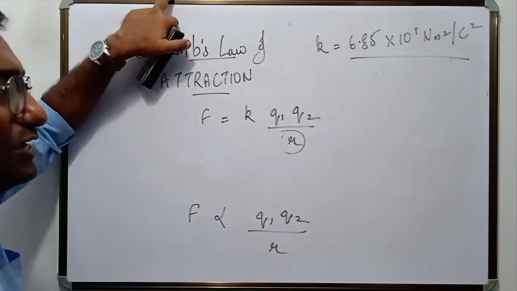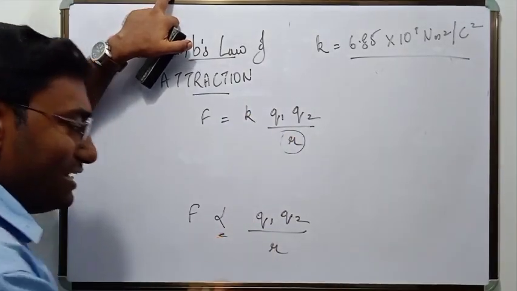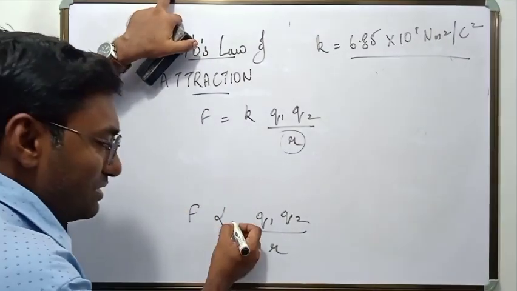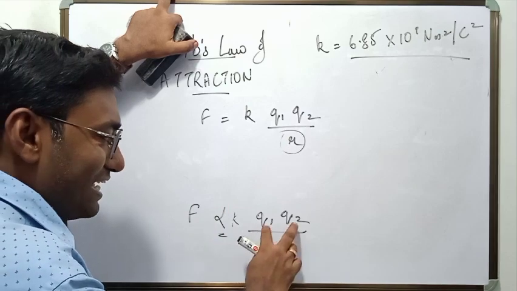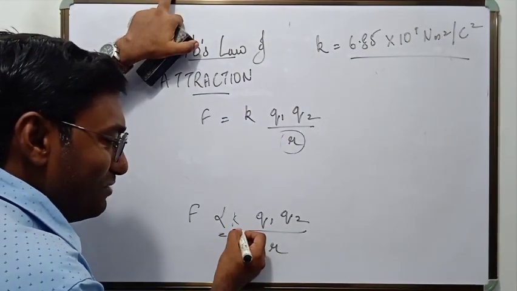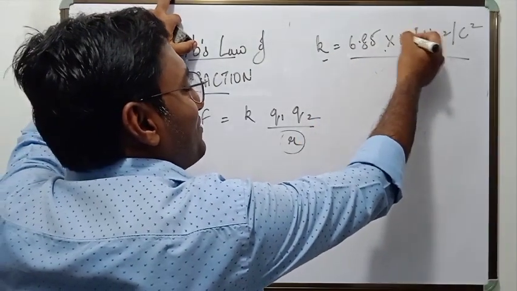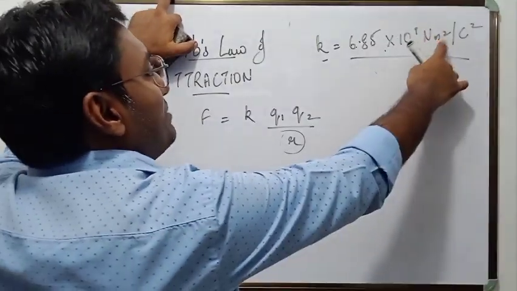So we have given the proportionality sign like this. Now we have to remove this proportionality sign. There should be some constant value here. This can differ, but there should be some fixed minimum value. That minimum value is 6.85 into 10 raised to the power 9 Newton meter square per Coulomb square.